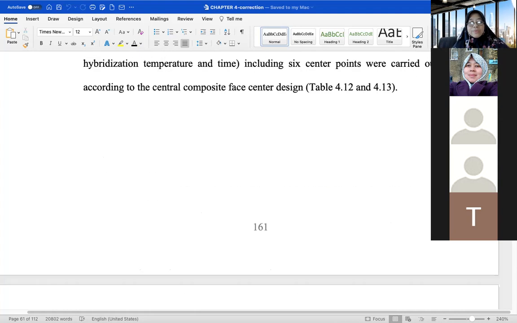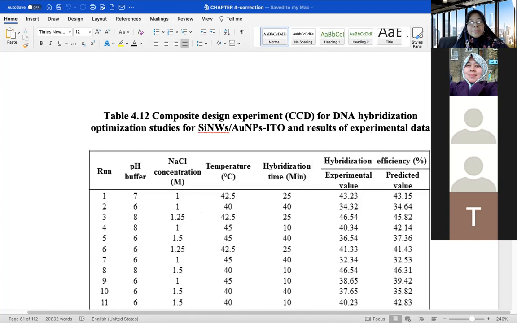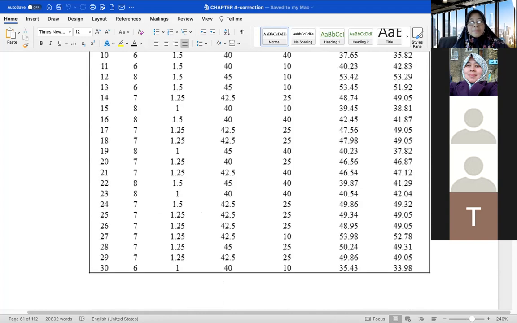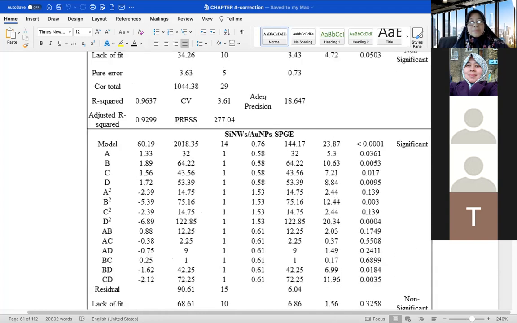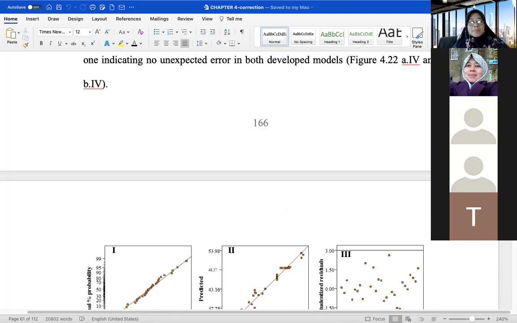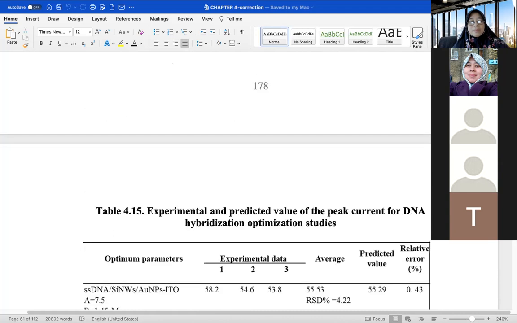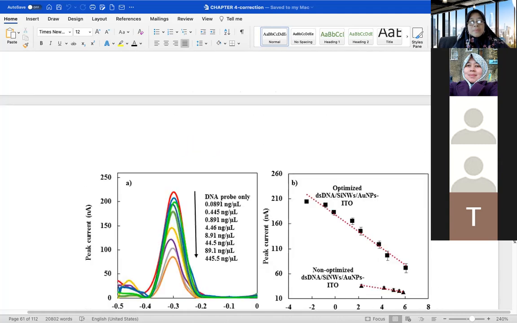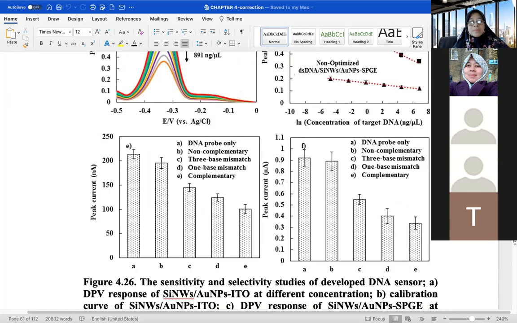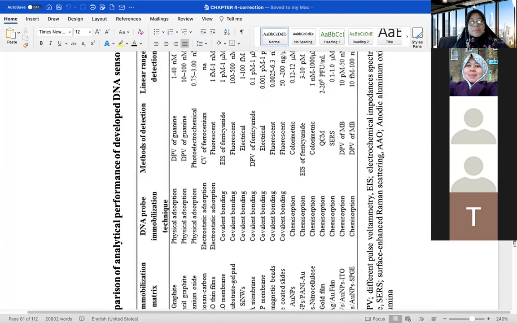Let's quickly move. Okay, this is also a good one.